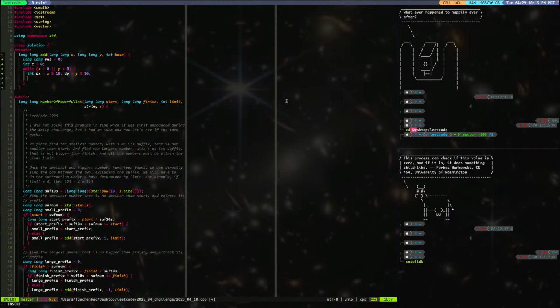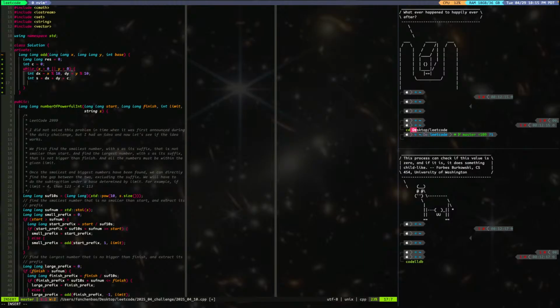Okay, so now we need to add them together and also add a carry, right? So s shall equal to dx plus dy plus c. Okay. When we do that, we have a remainder and a carry.